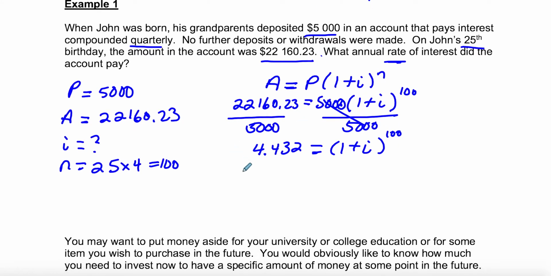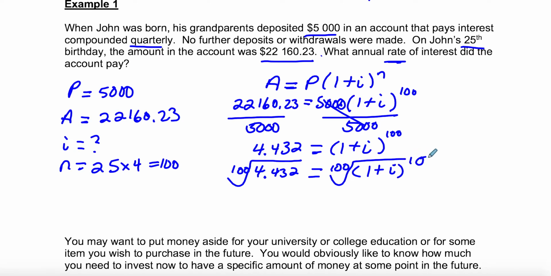I would take the 100th root, which you might think is kind of crazy, but I'm going to take the 100th root of the left side, 4.432, and I'm going to take the 100th root of the right side, 1 plus I, because what happens is I'm kind of canceling out the 100 values on the right side.